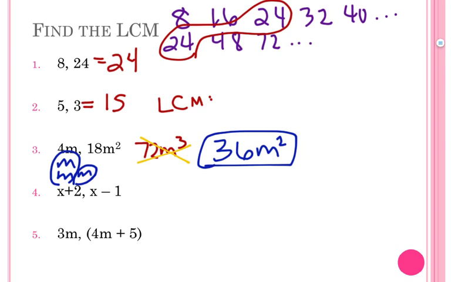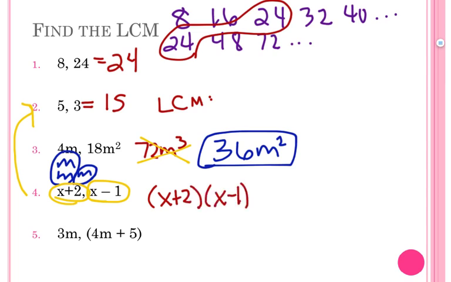Number 4, if you remember, this x plus 2 is one factor, and this is one factor. So this is really a lot like number 2. We've got two factors that are completely different, and so the least common multiple is just going to be the product of those. You can either write it like that, or you could multiply it out and get a trinomial, but usually we don't need to do that.